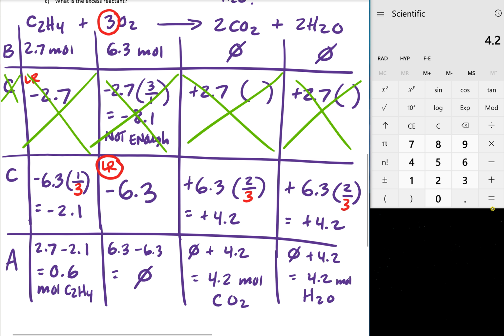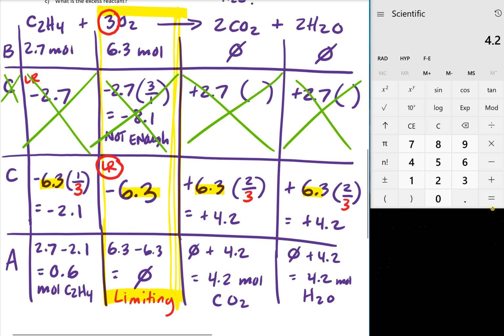I'm going to highlight our limiting column for emphasis and point out a couple of key things. Number 1, the limiting value is always 0 after the reaction, and that's because you used all 6.3. And that 6.3 is transferred to all the other change columns.